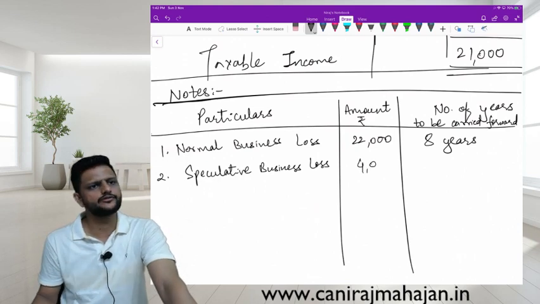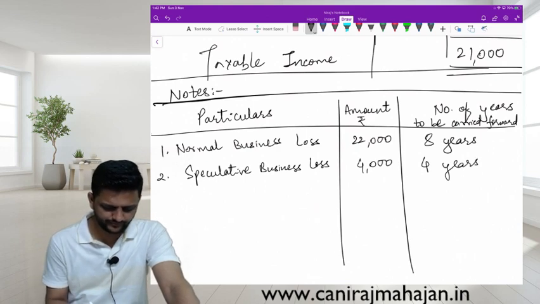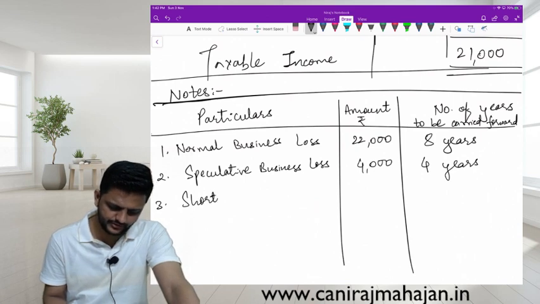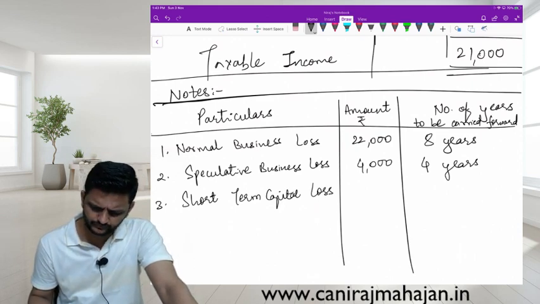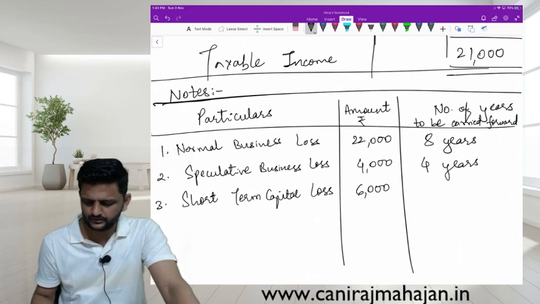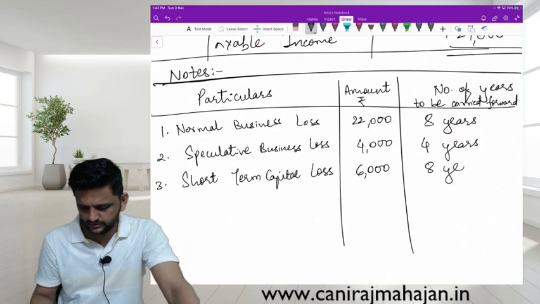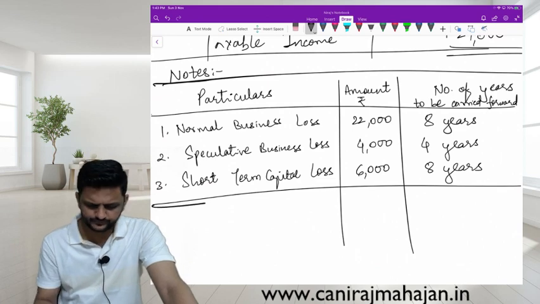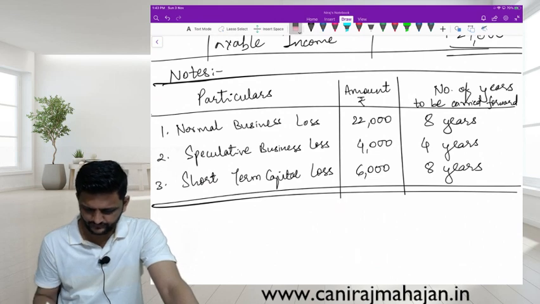No. So the figure is 4,000, to be carried forward for 4 years. And then there is short term capital loss, 6,000, no? These rules you have to learn by heart, okay? That is it. No other loss remains to be set off. Done?